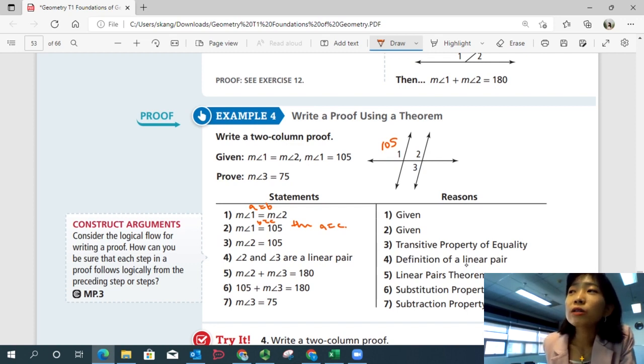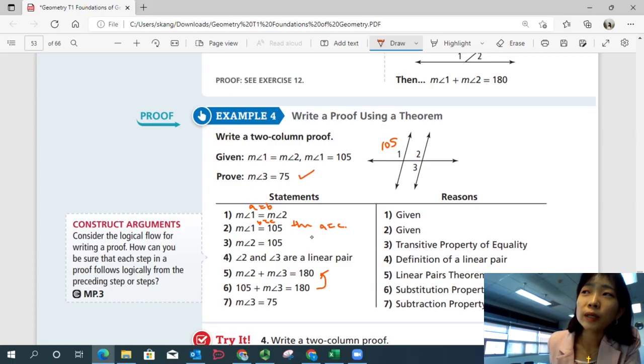So if you add 105 plus measure of angle 3, you should get 180 degrees, by substituting this into this equation, because we know measure of angle 2 is 105, right? Now we can solve for the equation and say measure of angle 3 is 75, and that is all we need to prove what we need, okay?